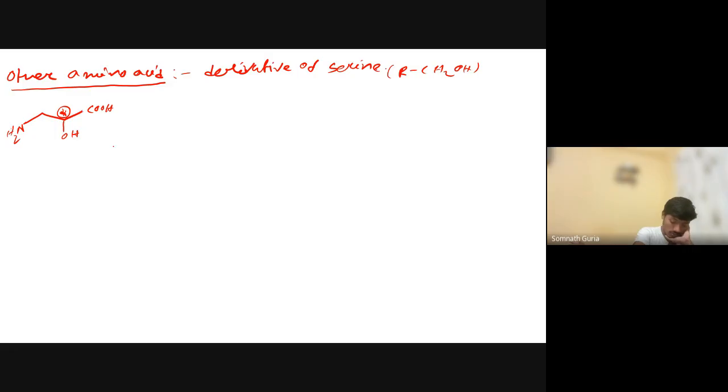That is named isoserine. This is the isomer of serine: here will be the NH2 and there will be the OH. This is called isoserine.